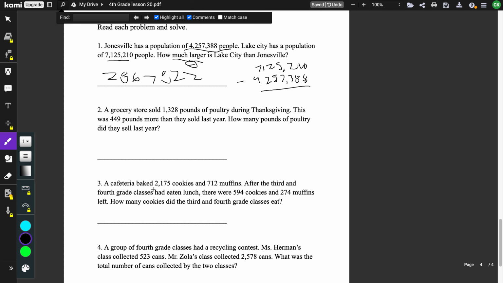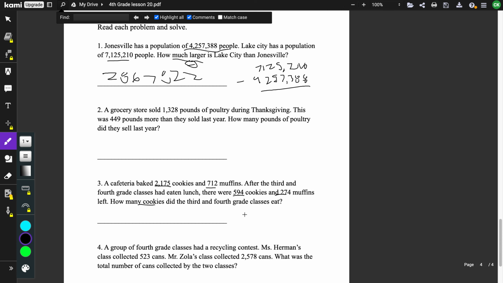Number 3, a cafeteria has 2,177 cookies and 712 muffins. After the fourth class had eaten, there were 594 cookies and 264 muffins left. How many cookies did the third and fourth quarter classes eat? They're only asking for cookies. So a cafeteria had this many, and then after the fourth class had eaten, there were only 594 left.